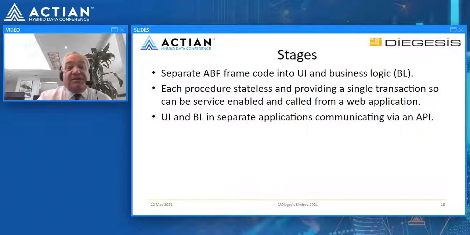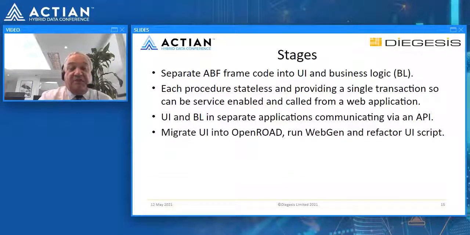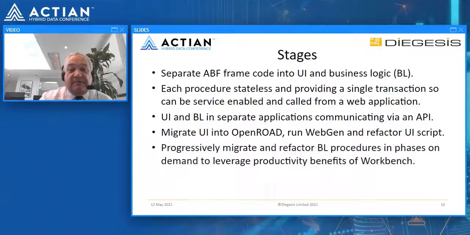We then separate the two via an API. We then migrate the API to OpenROAD and run WebGen and refactor the UI script to create an OpenROAD application, which we can then take to the web. And then we progressively migrate and refactor the business logic procedures in phases, slowly taking things off.